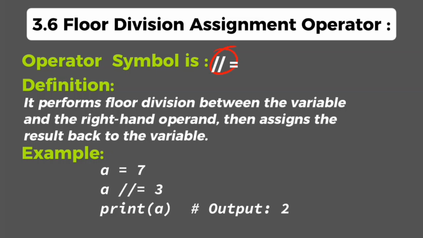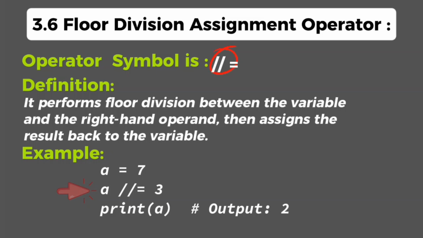The floor division assignment operator performs floor division between the variable and the right-hand operand, then assigns the result back to the variable. It discards the decimal part. In this code, we start by assigning the value 7 to the variable a. Next, we use the floor division assignment operator, which divides a by 3 and updates a with the result.